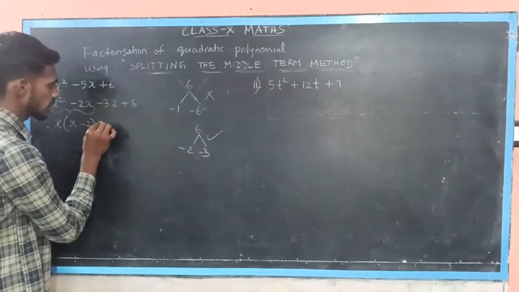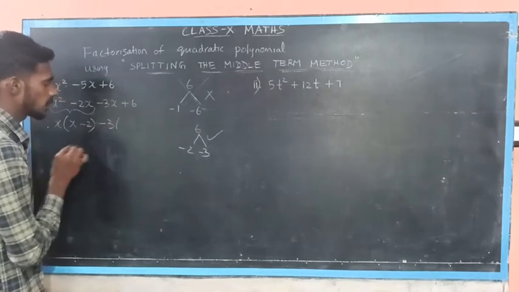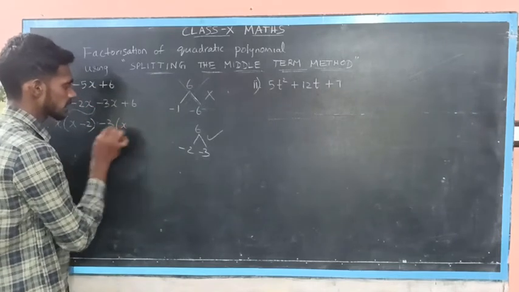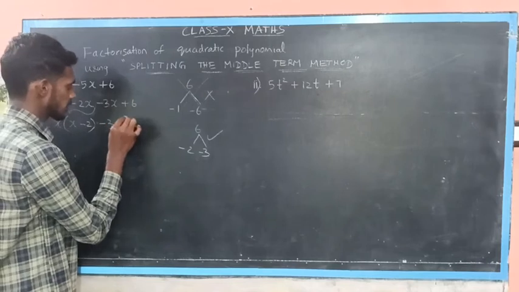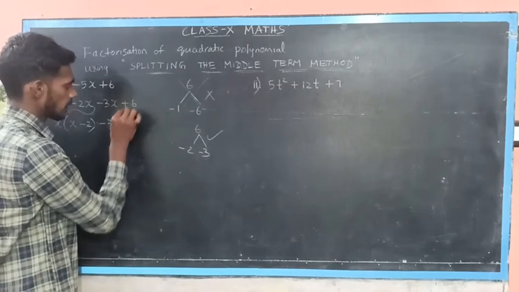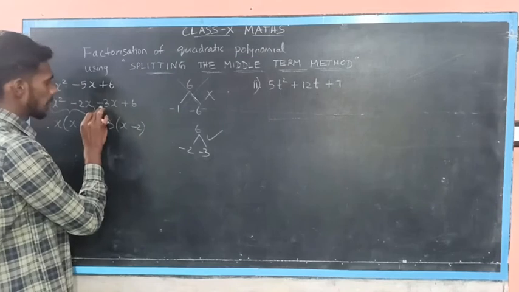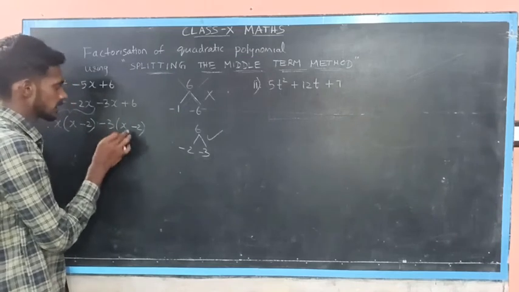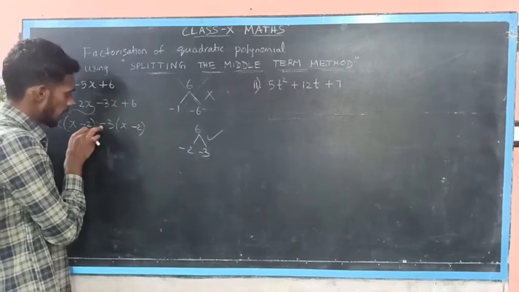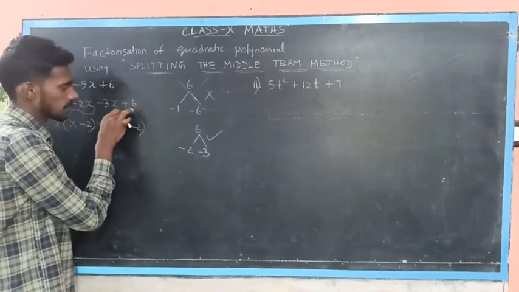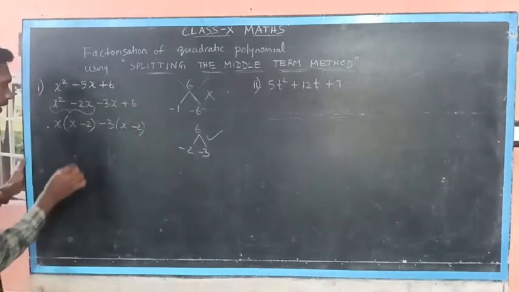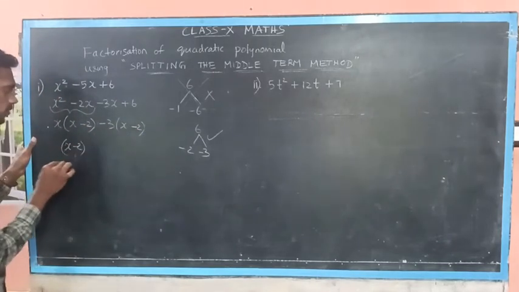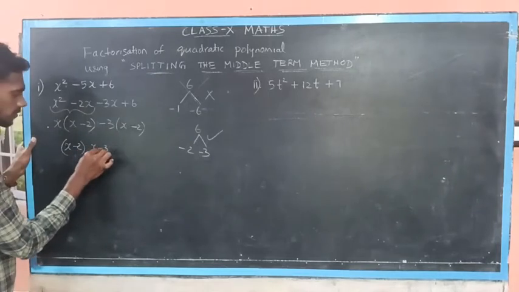From these two terms I am taking −3 as common. The left out thing is (x − 2). Here −3x, and −3 into −2 becomes +6. Then write out the common term, it is (x − 2)(x − 3).